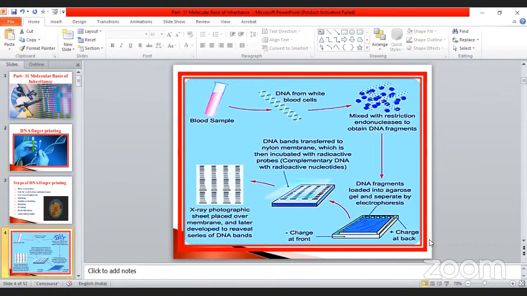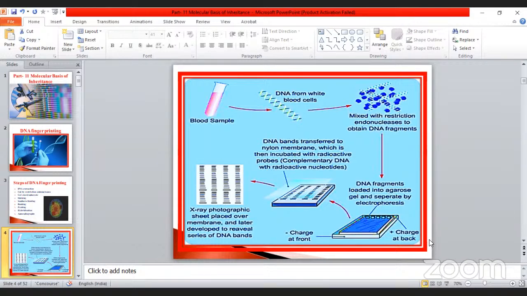The band formation takes place in the nylon membrane, which is then incubated with radioactive probes. The radioactive probe is nothing but complementary DNA with radioactive nucleotides. It is an additional step. So then it can migrate.